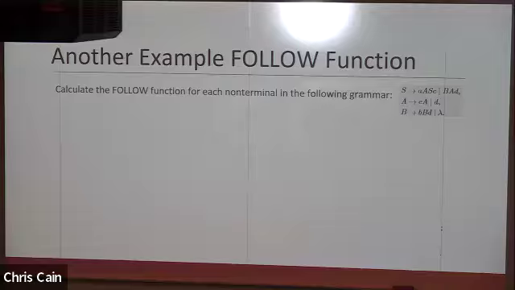What comes to the right-hand side of the non-terminal? All terminals to the right-hand side of that non-terminal on the right-hand sides.